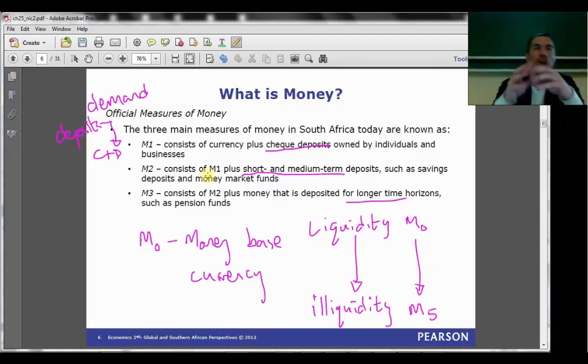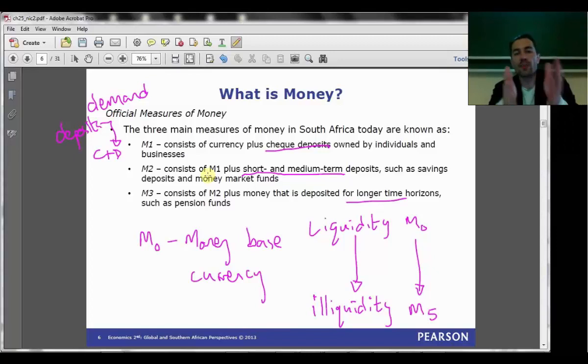Which is not to say that M0 and M1 don't function as a store of value. They just don't function as a very good store of value. M2 is a better store of value, even though it's a worse medium of exchange. And M3 is, again, an even better store of value, but an even worse medium of exchange, because you have to wait even longer to use it in exchange.